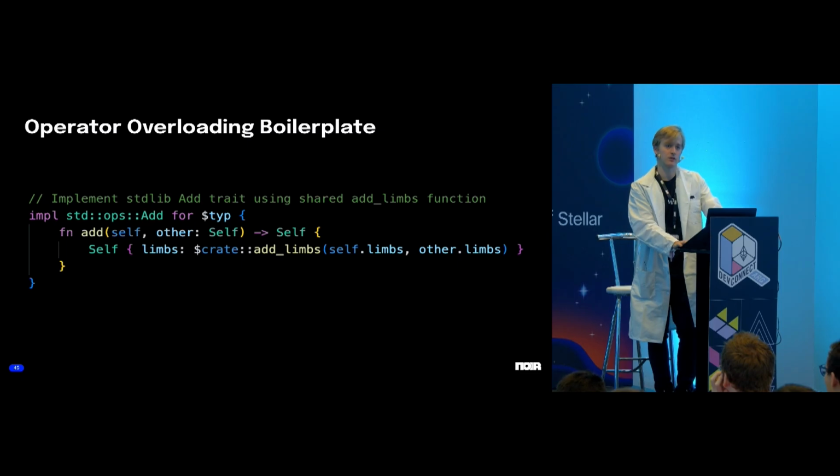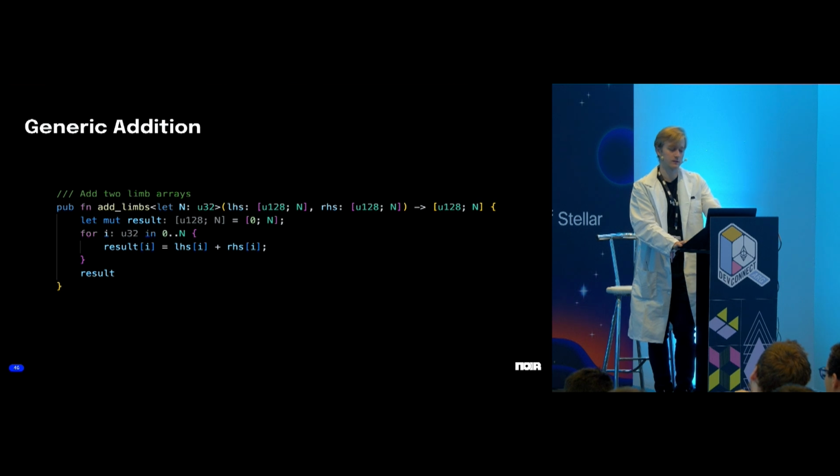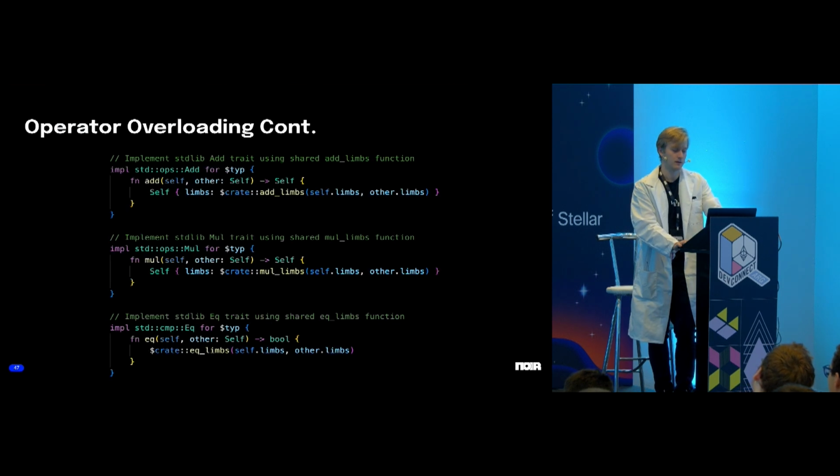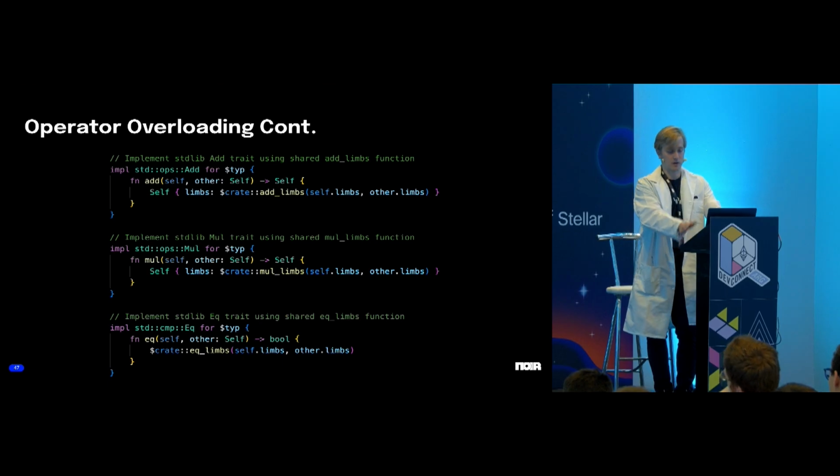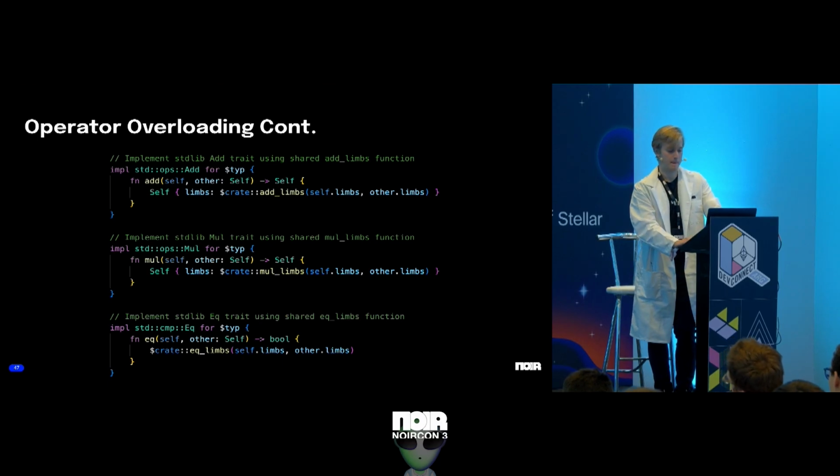Once again, we have a generalized add limbs method, which looks like we saw earlier. We can do it for all our types now, or all our trait implementations, and this is how we now have our metaprogramming specified for each impl.